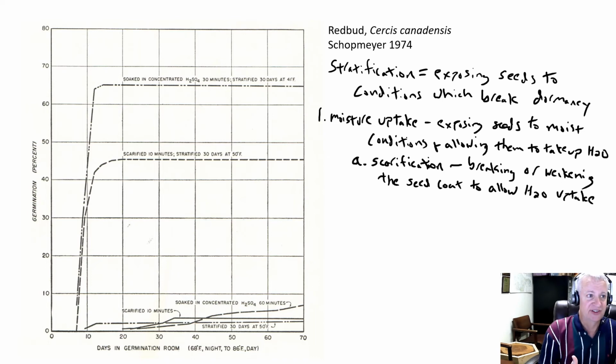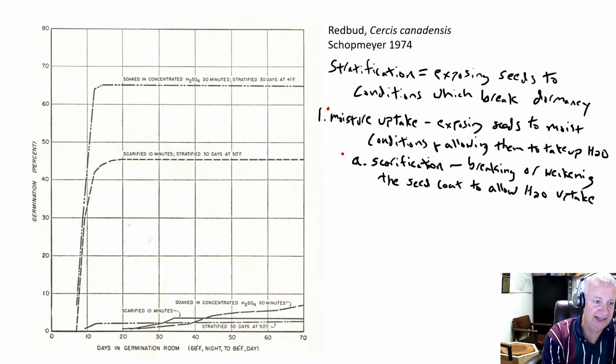And in this graph, this shows the effects on redbud, in this case, of both moisture uptake and scarification. So this is days on the x-axis versus germination percent on the y-axis.